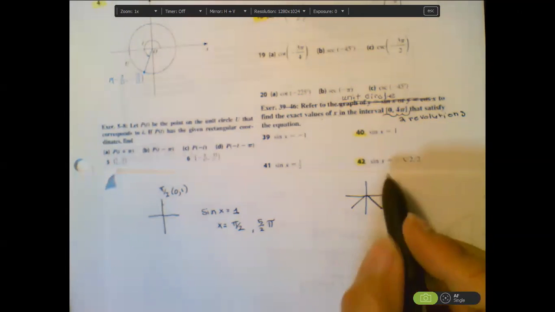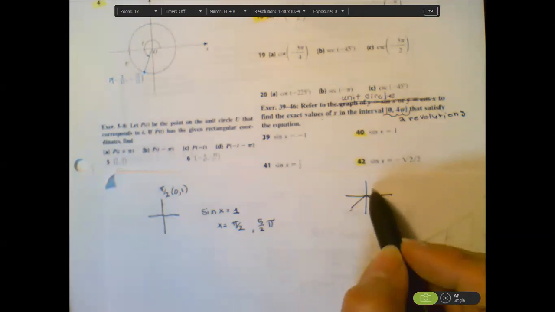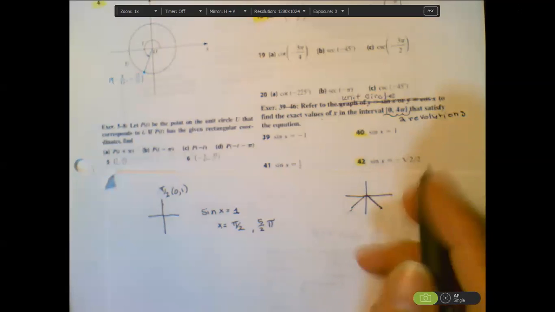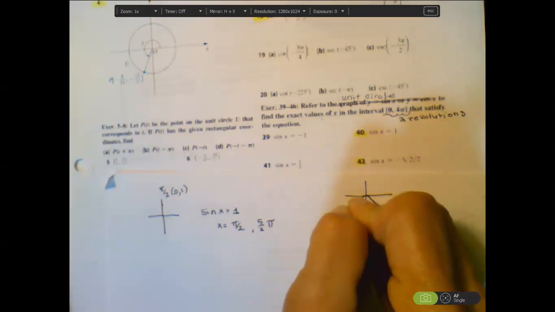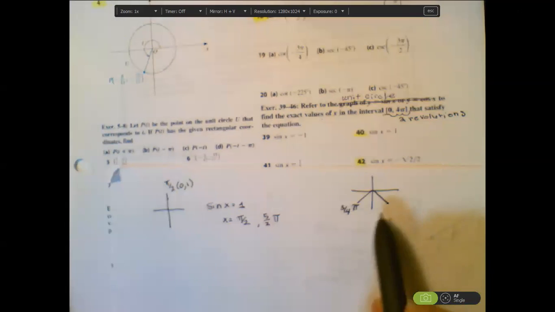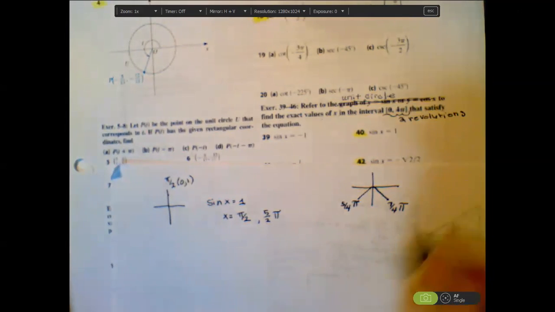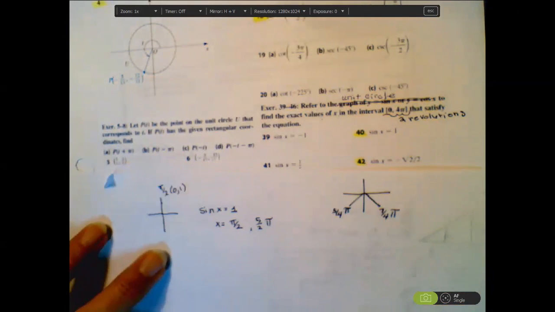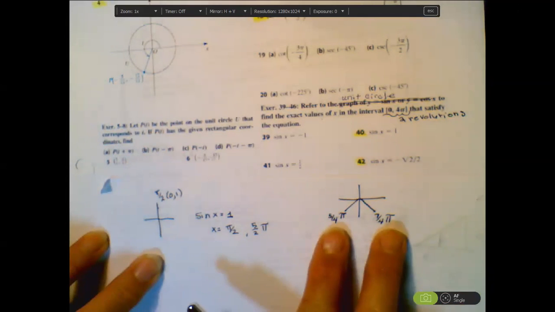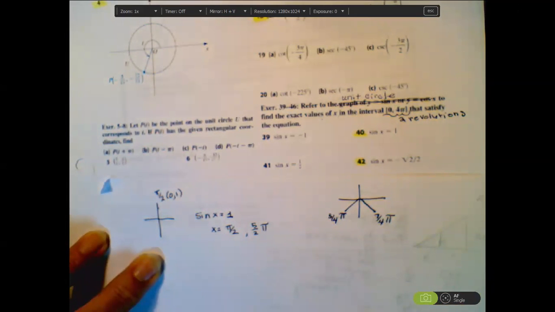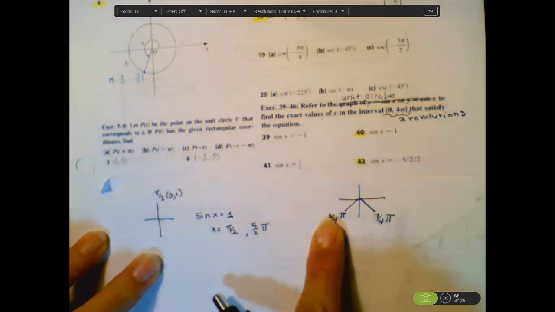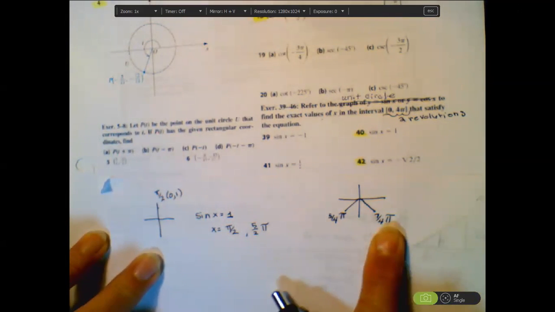First time around the circle, this one is 1/4, 2/4, 3/4, 4/4, 5/4 pi. And this one is 6/4, 7/4 pi. So in one revolution of the unit circle, that would be your two solutions. But if you have to go around the unit circle again, you could add 2 pi to this one and add 2 pi to that one.